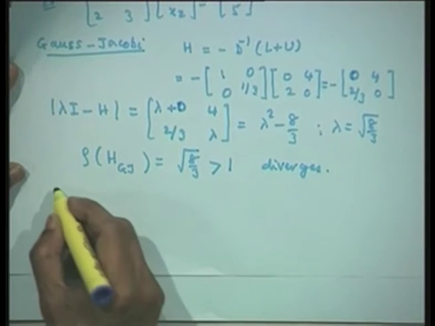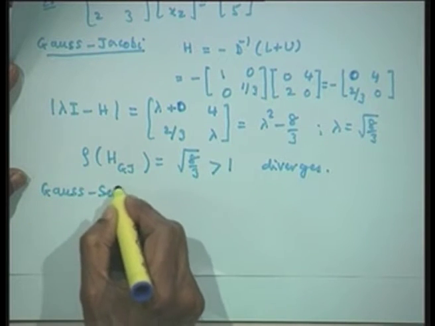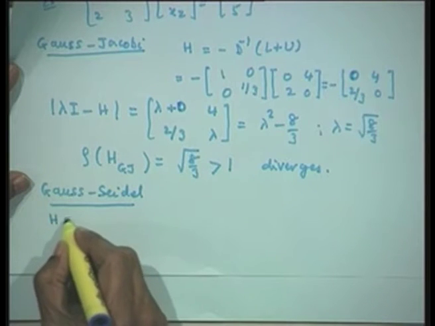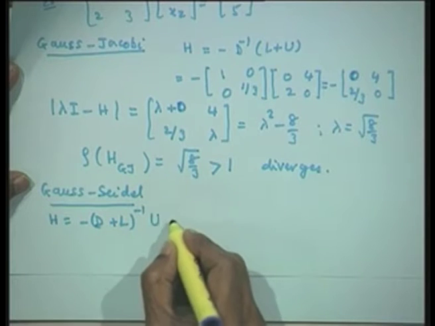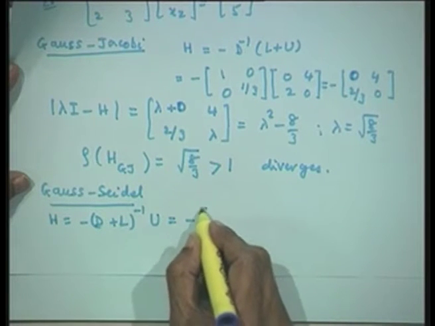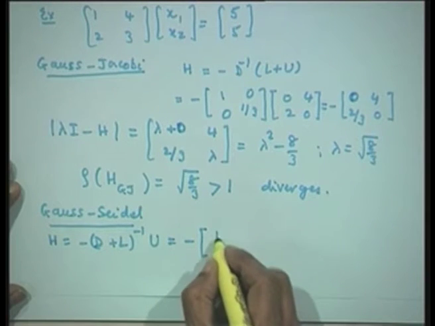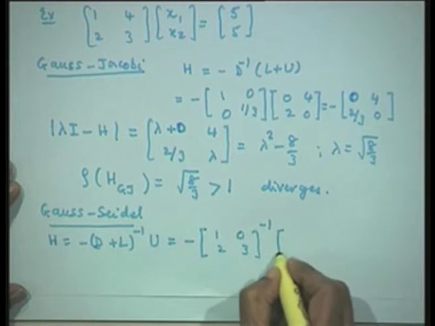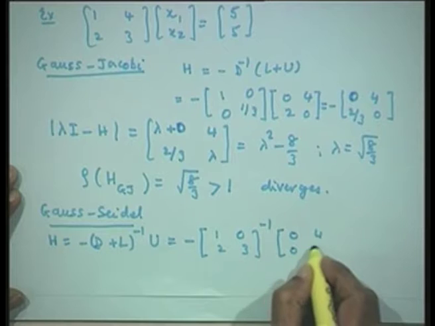Now, let us do the same thing and see whether Gauss-Seidel is going to converge. We have H is equal to minus D plus L inverse of U. D plus L is the lower triangular part, 1 2 and 3, 1 2 3 0, inverse. The upper triangular part is simply containing 4 here, 0 0.